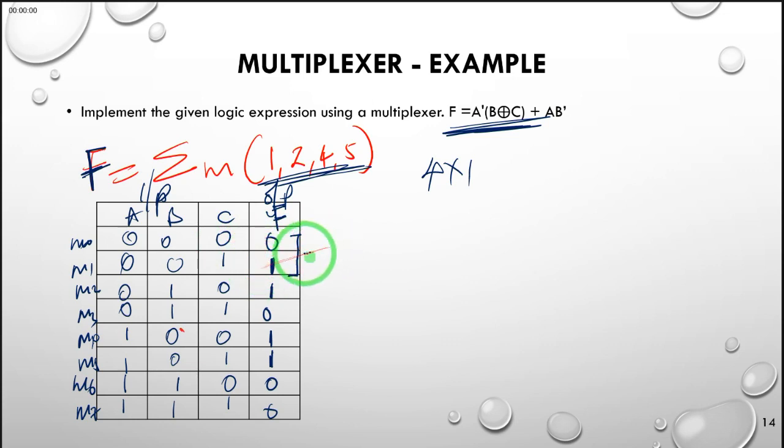So for the first two, we can say that f is equivalent to c. And for these two states or these two minterms, our f is the opposite of what c is. So when c is 0, f is 1. And when c is 1, f is 0. And therefore this is the opposite of what c is.